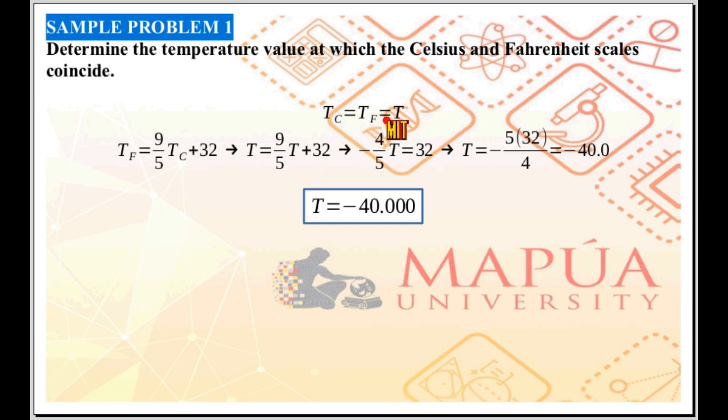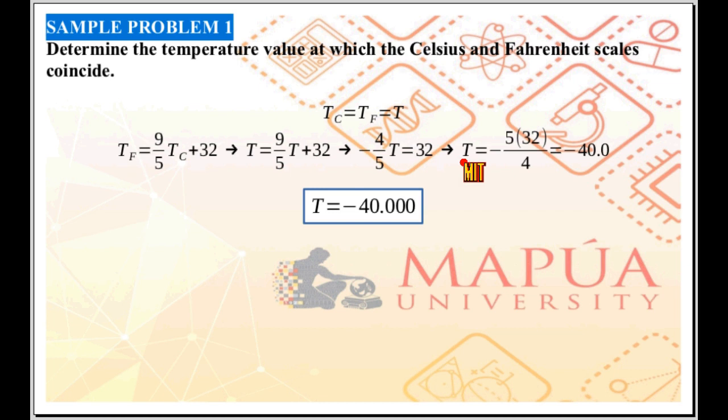Let them be just equal to temperature T. The conversion equation from Tc to Tf is given by Tf is equal to 9/5 Tc plus 32. Tc is equal to Tf is equal to T, so let's replace Tf by T and Tc by T. There's only one unknown now, T.